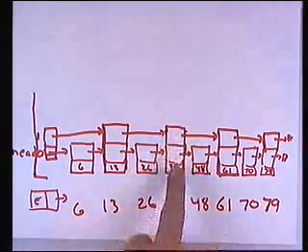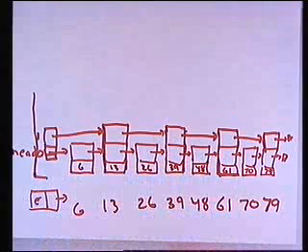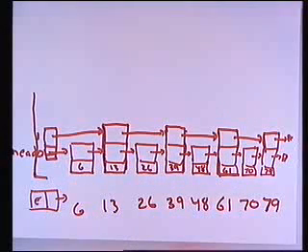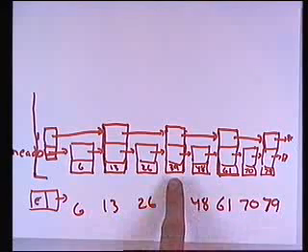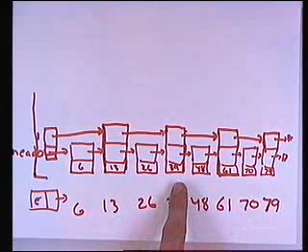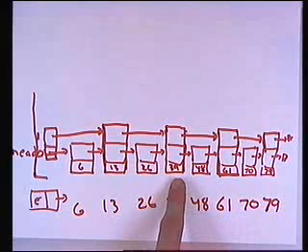So at this point, I can drop down and say, instead of looking at the level 1 pointer and finding 61, let me look at the level 0 pointer instead. Let me drop down a level and say, instead of looking at the top list, I already know, given this node, searching the top list takes me too far. Let's drop down to the bottom list and search that instead.